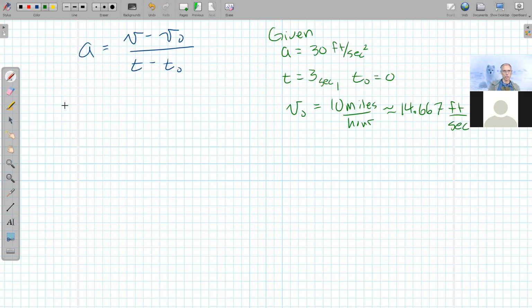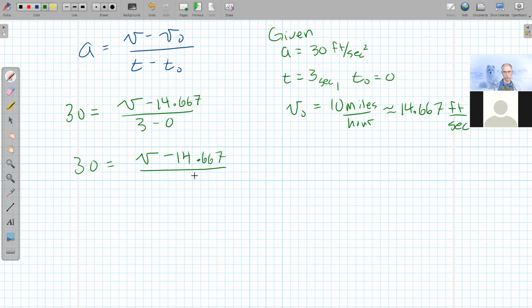So that would give me A is 30 equals V minus 14.667 over 3 minus 0. So it is possible to plug into the original and then find V. We got a little work to do. I can clean up this side a little bit by saying 3 minus 0 is 3. So that gives me V minus 14.667 over 3.